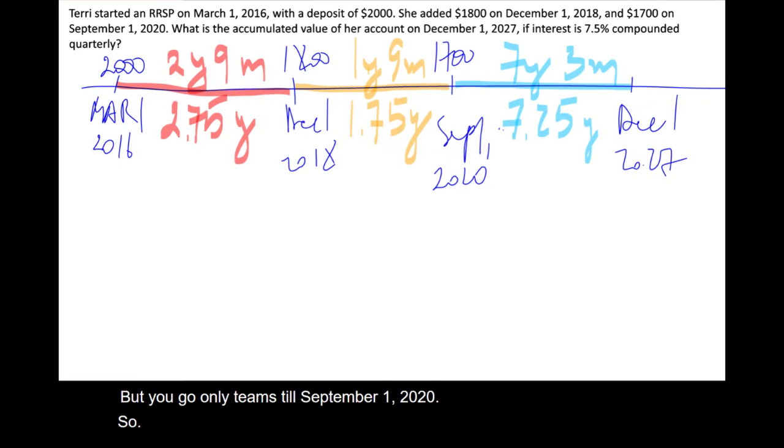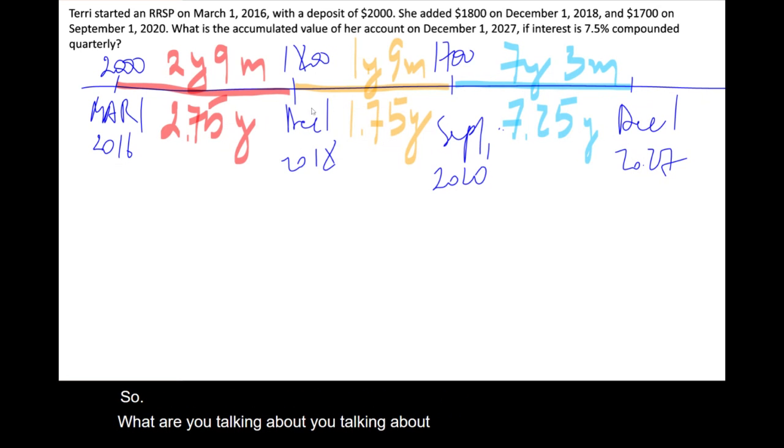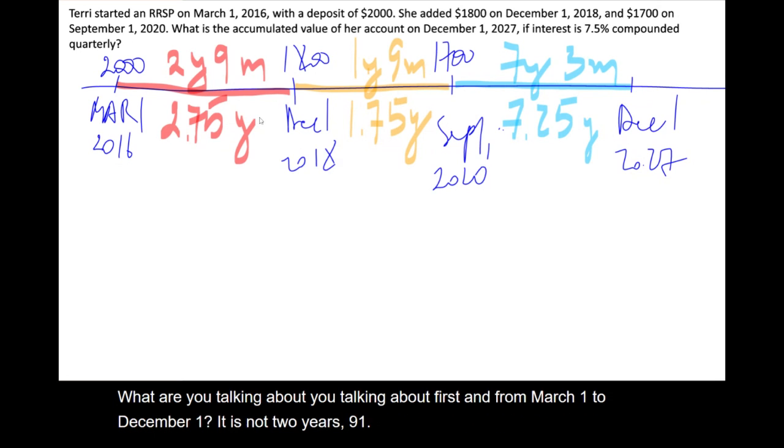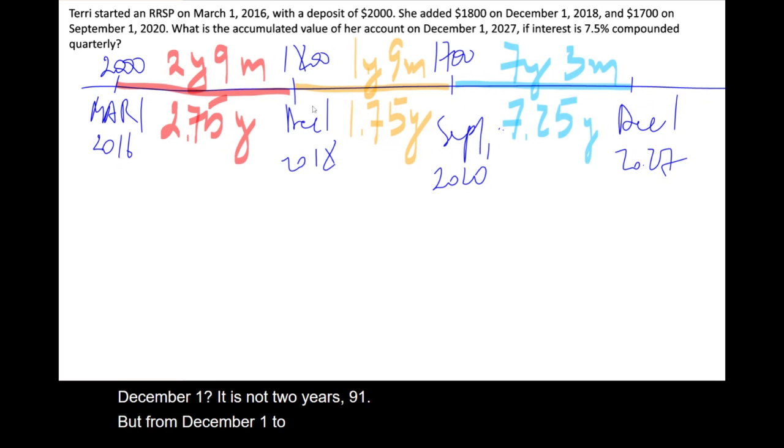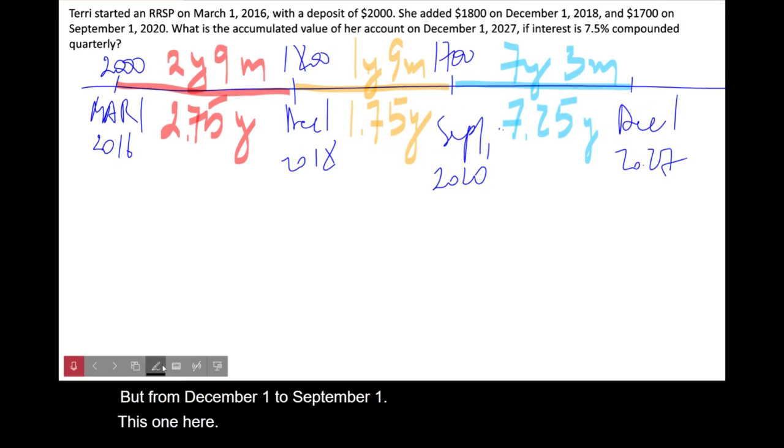So what are you talking about? You're talking about first from March 1 to December 1. It is 2 years, 9 months. But from December 1 to September 1, that's 1 year.